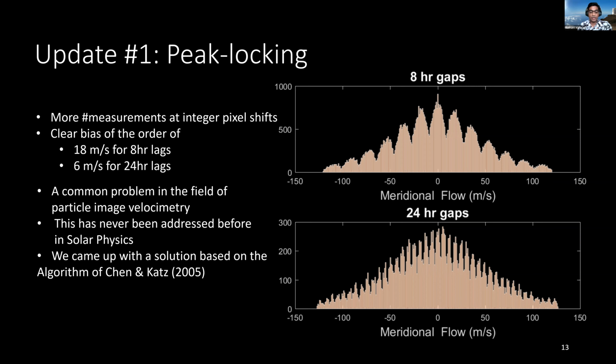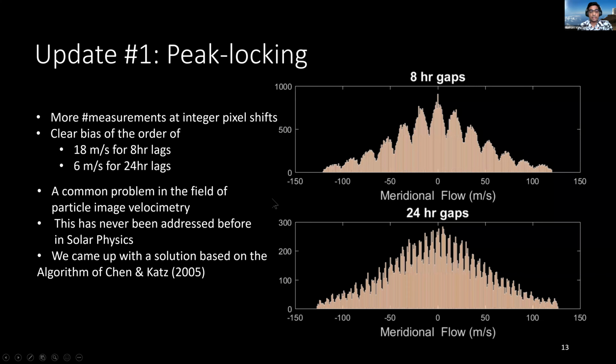So you would have more measurements at exactly 1, 2, 3 pixel shifts rather than 1.5, 2.5, and 3.5 pixel shifts. This is a very common bias in correlation tracking, but we found that it wasn't addressed in the literature in solar physics. So we decided to address it and suggest a solution for it.